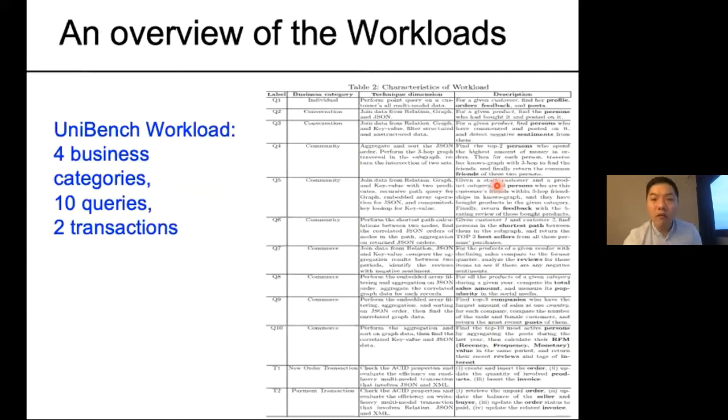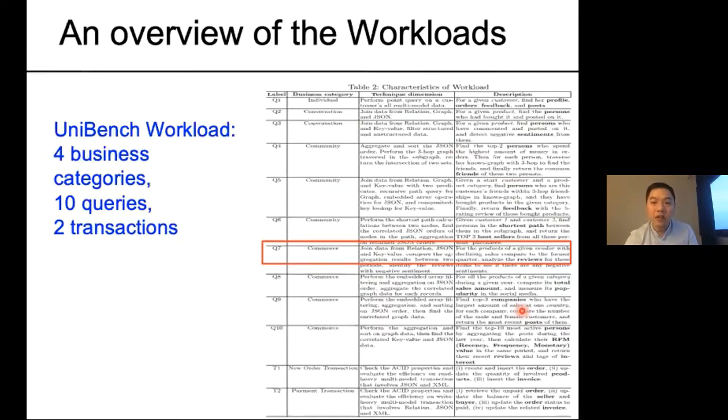So overall, the workload of UniBench covers 4 business categories, including 10 queries and 2 transactions. The first category is the individual, the second category is the conversation, then the community level includes 4 queries, and finally the commerce level for the complex aggregation.